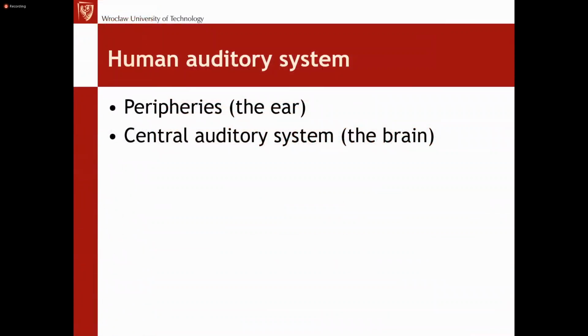Okay, so the human auditory system contains two main parts. The first is the periphery. I mean the ear, left and right ear, and the second one is the central auditory system. And this central auditory system is simply the brain.